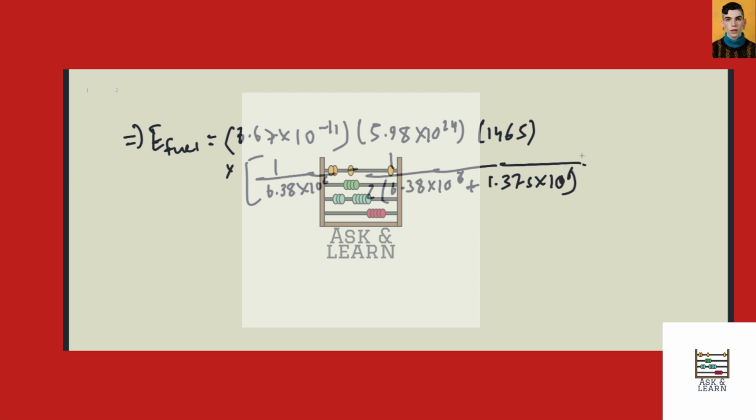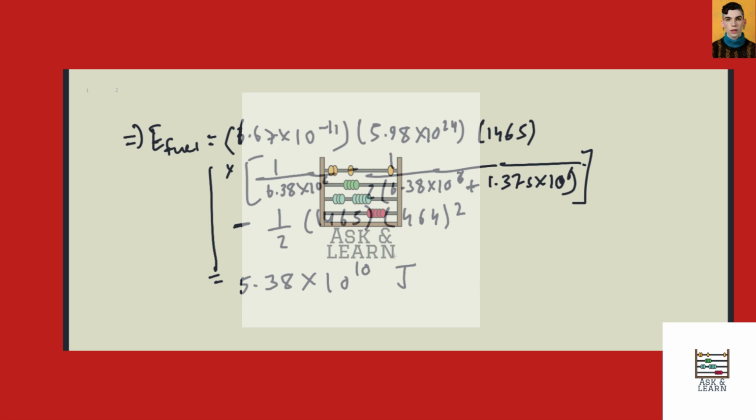All right. And subtract from that 1/2 times 1465 times the velocity, 464 meters per second, quantity squared. Put all of that into a calculator, and you'll find energy from fuel being 5.38 times 10 to the 10 joules, or about 54 gigajoules.